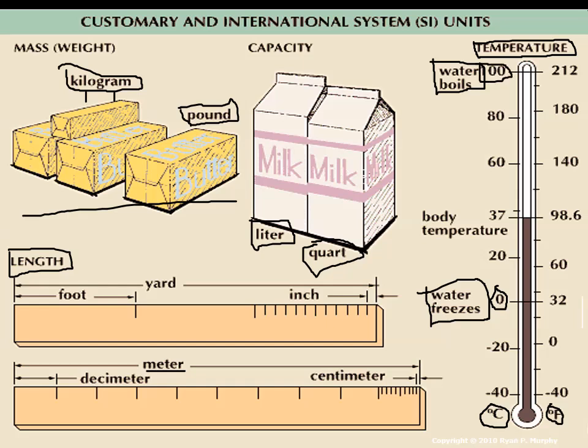Again, using multiples of 10 here. Much easier to remember than 32. You might have that one, but water boils at 212 degrees Fahrenheit. Did you know that? Your normal body temperature is 98.6 degrees Fahrenheit, and that would be equivalent to about 37 degrees Celsius.